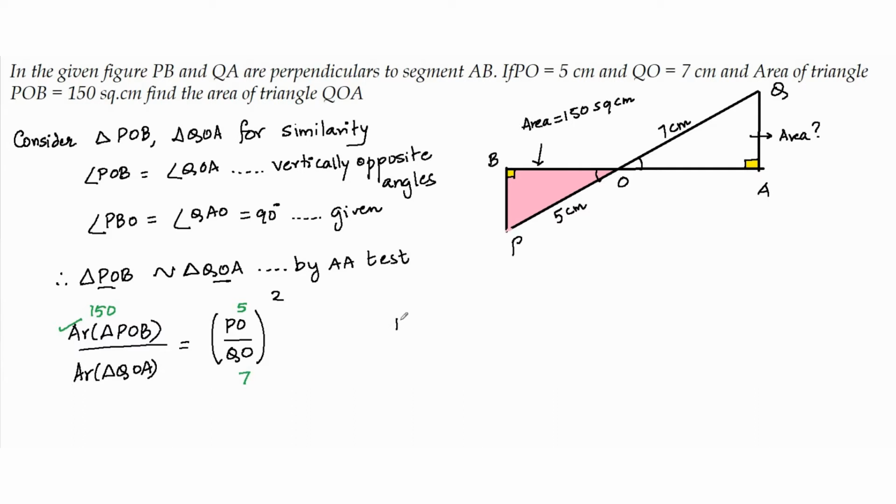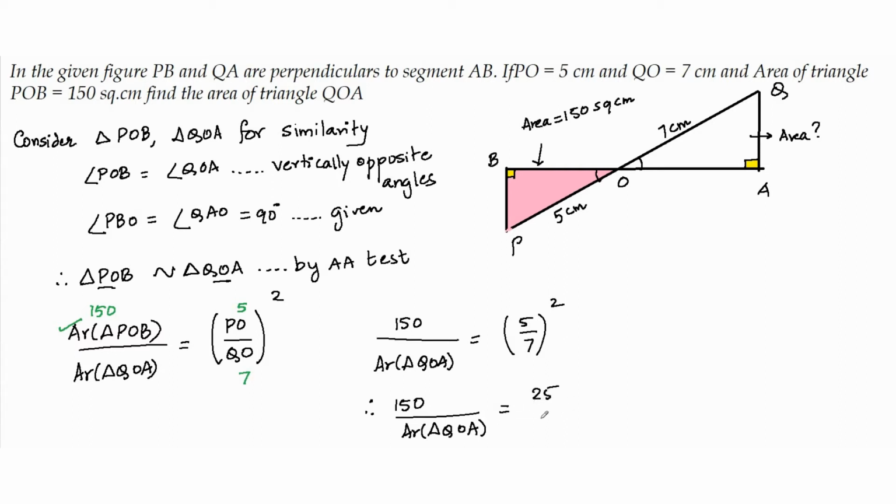So I will say 150 divided by the area of triangle QOA is equal to 5 divided by 7, the whole square. Therefore, 150 divided by the area of triangle QOA is equal to 25 upon 49, since 5 square is 25 and 7 square is 49.